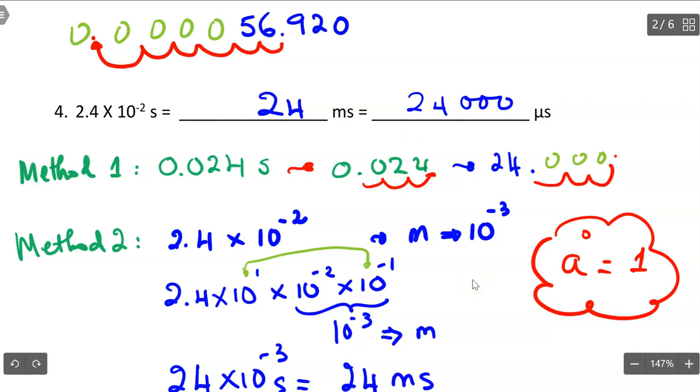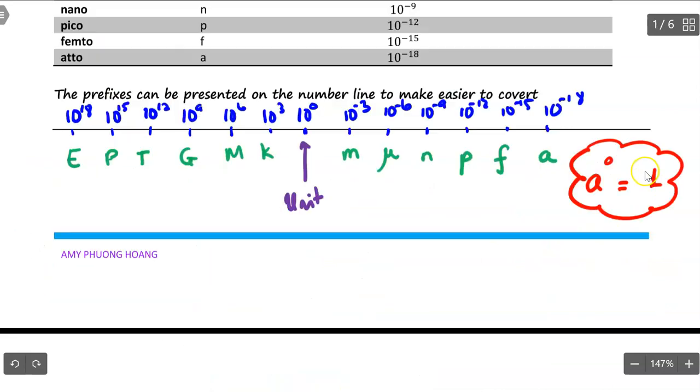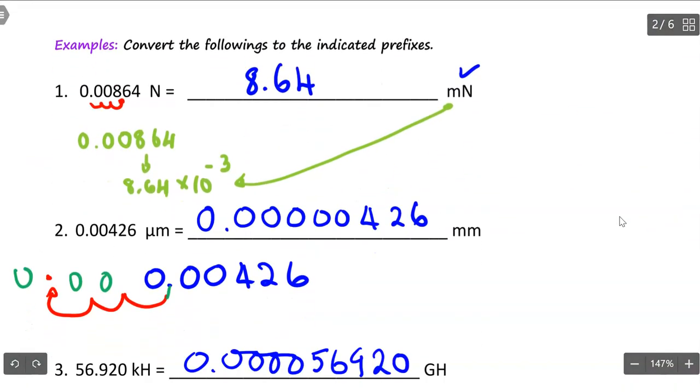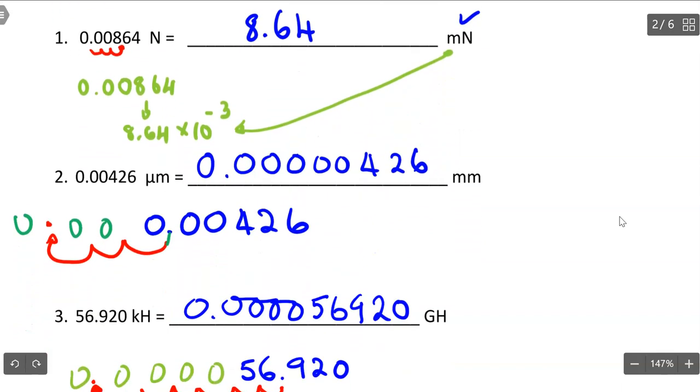Okay, so let me double check everything that we have done for this particular lesson. Okay, so I hope everyone is working along with this as well, and kind of knowing what to expect when we convert from one unit to the other. Okay, 1, 2, 3, 4, 5. So 4 to 6, so this one is also good.